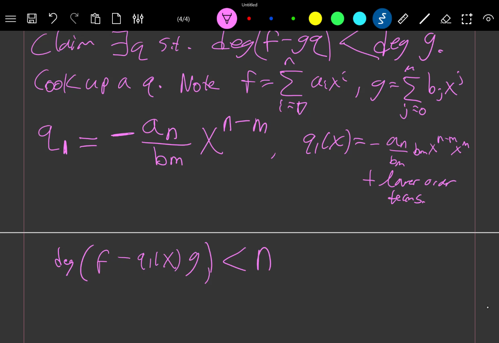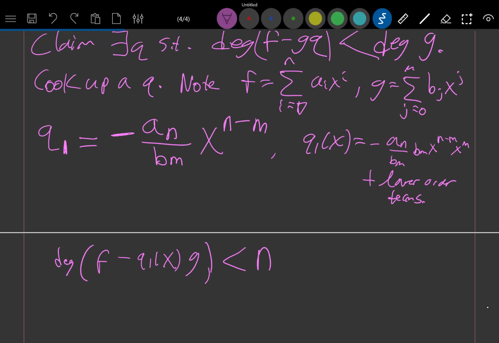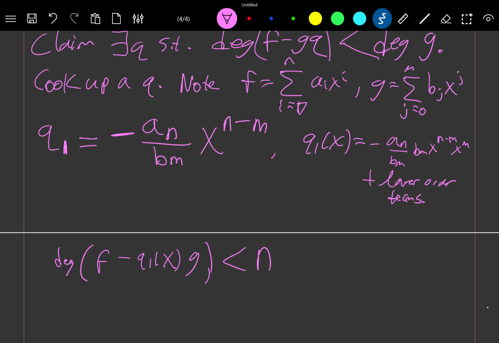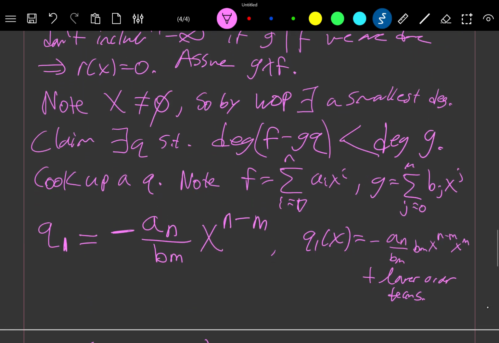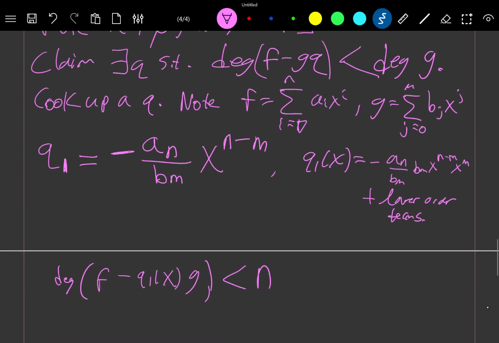So now we can continue to cook up this element. Basically we induct.